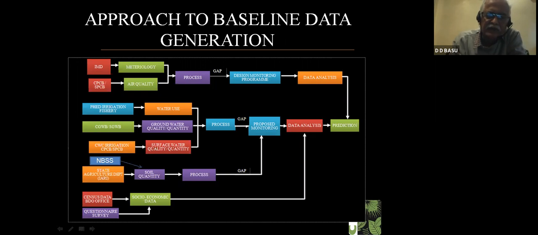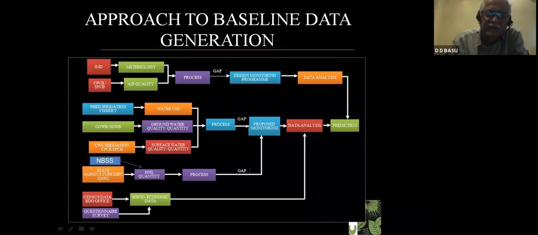Then groundwater, quantity and quality. The Groundwater Board has a very big network and a very old database. This data is also available. Then the Central Water Commission and CPCB, SPCB are also doing quality and quantity analysis.